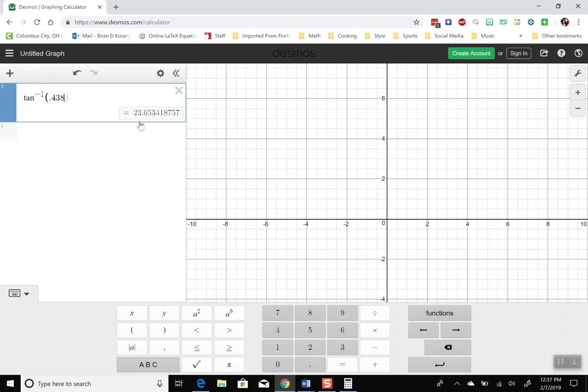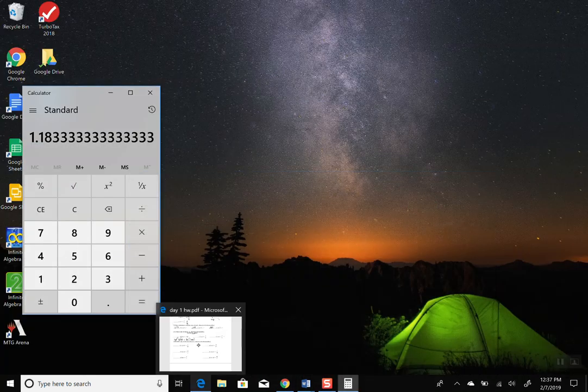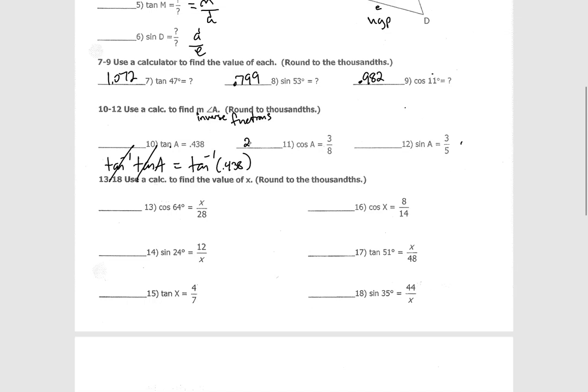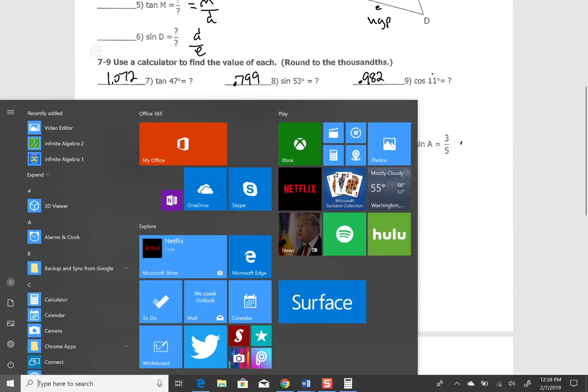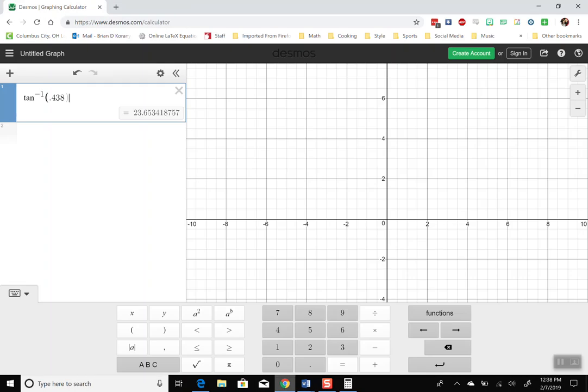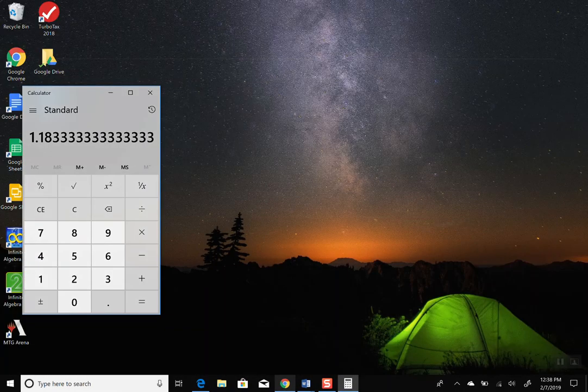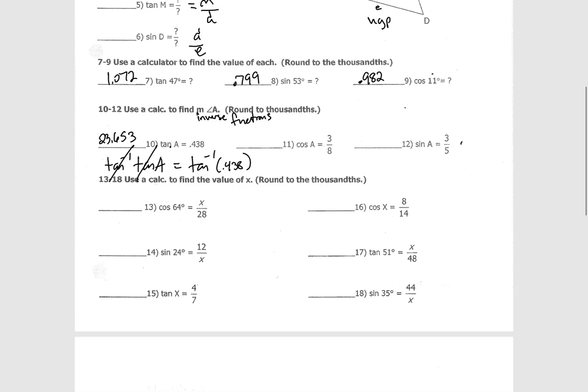So that must have been a 23.653 degree angle. So for this particular ratio, for an opposite side and an adjacent side to be 0.438, when you do that division, that had to have been a 23.65 degree angle. There's no other way around it.